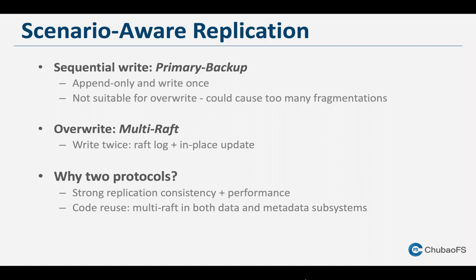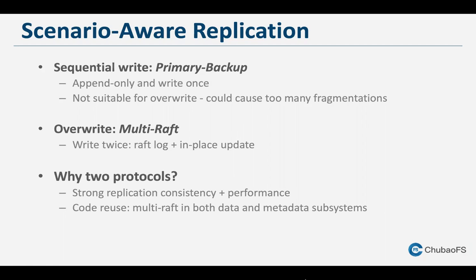Why do we have these two protocols? It's our trade-off between performance and code usability, because we really want strong replication consistency, and by employing these two kinds of replication, we have a balanced trade-off.